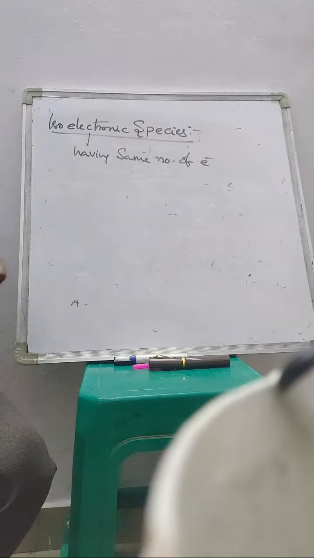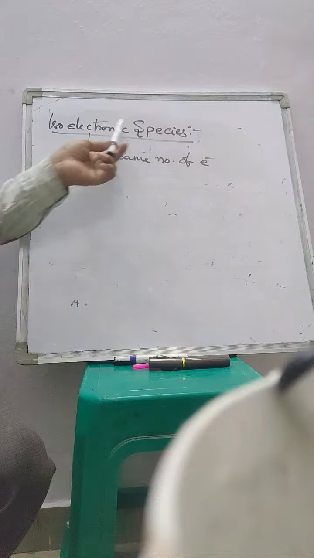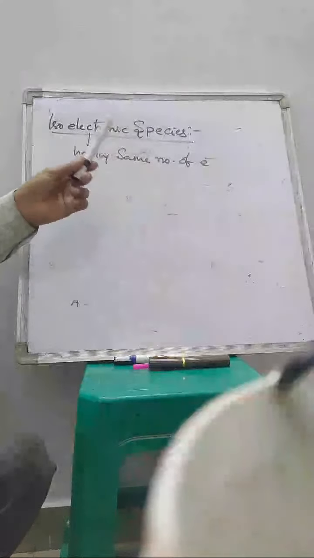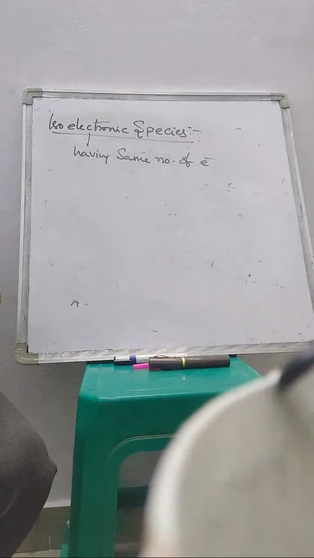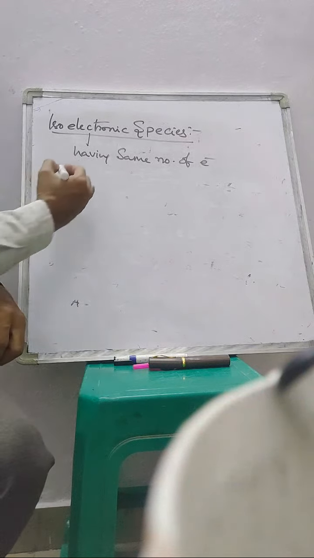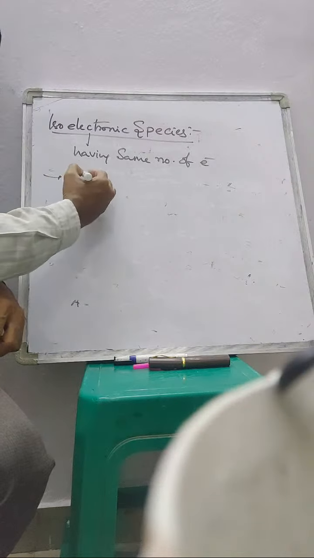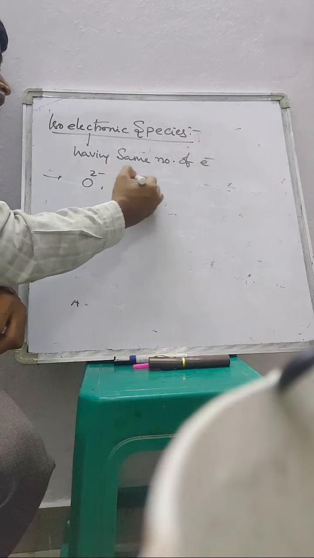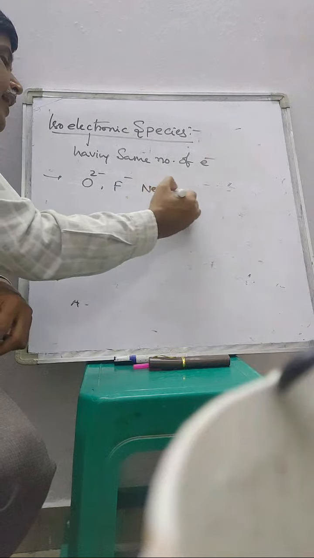The species having the same number of electrons are called isoelectronic species. For example, O2 minus, F minus, neon and Na plus.